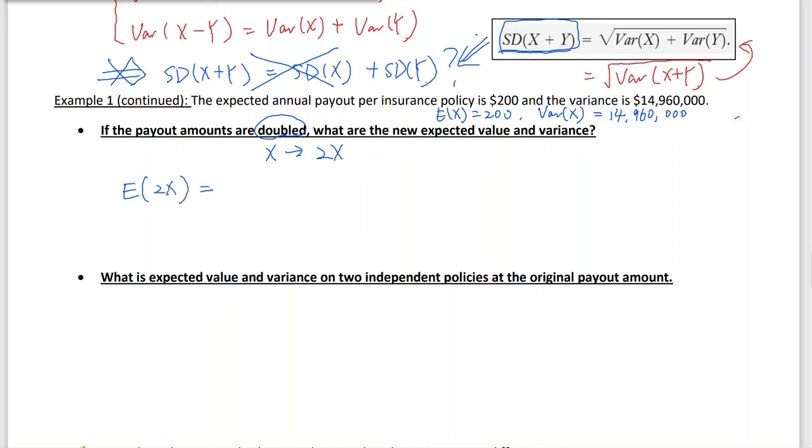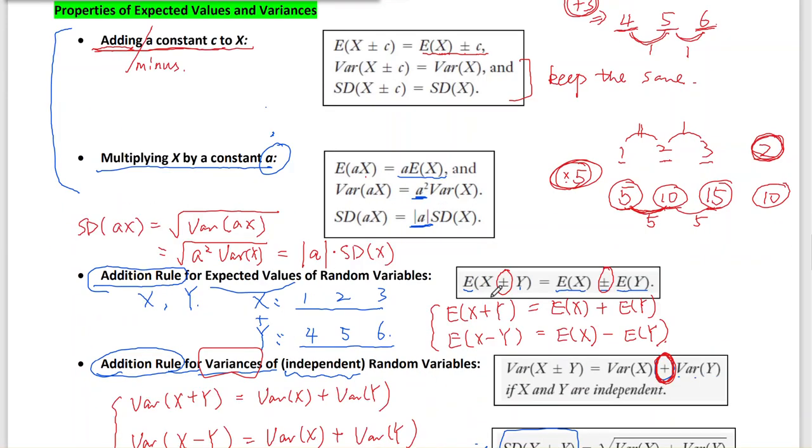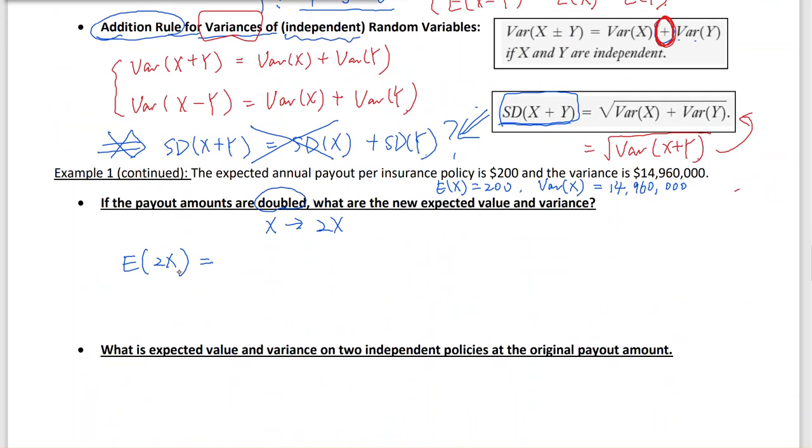By the property, if we multiply x by a constant a, so a here will be 2, then the expected value of 2x equals 2 times the expected value of x, which is 2 times $200. We will have $400.